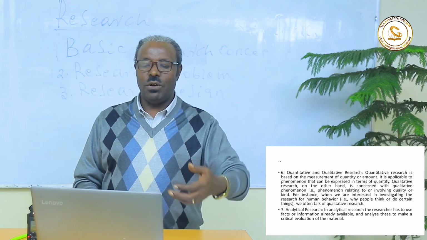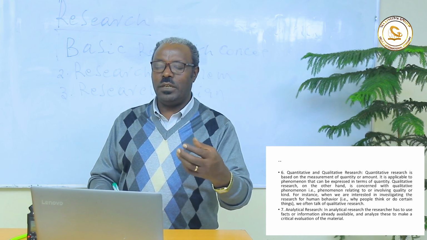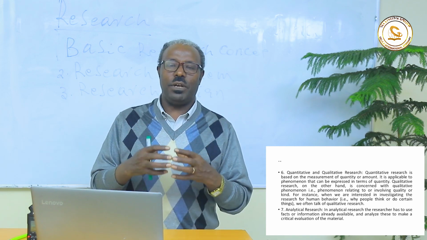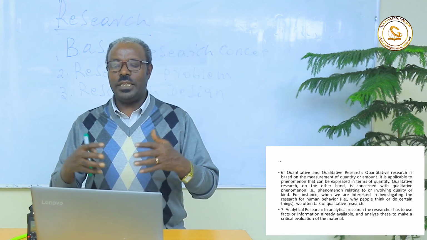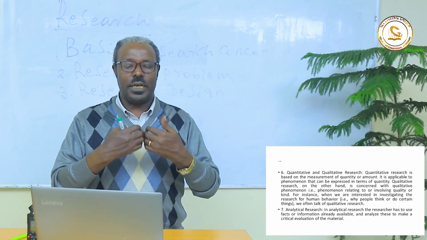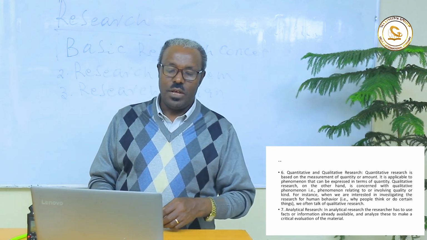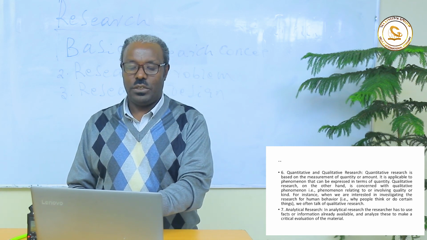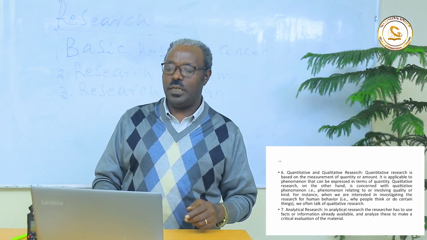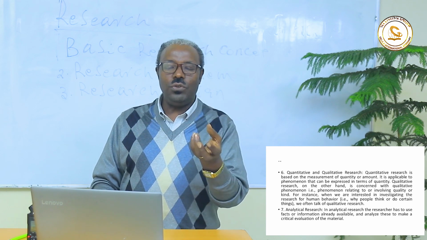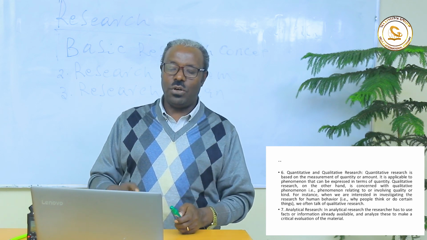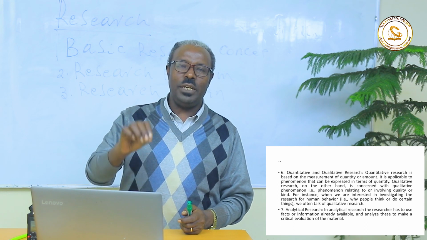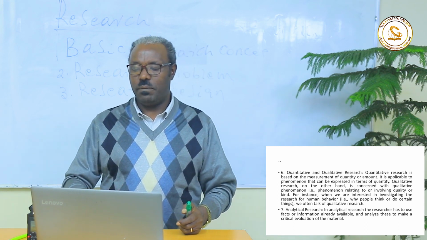Qualitative research, on the other hand, is concerned with the qualitative phenomena that are related to the quality, the kind. The seventh process is analytic research. Analytic research is the research that has to use the fact or information already available.